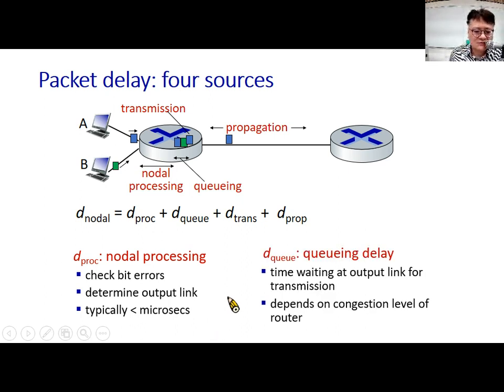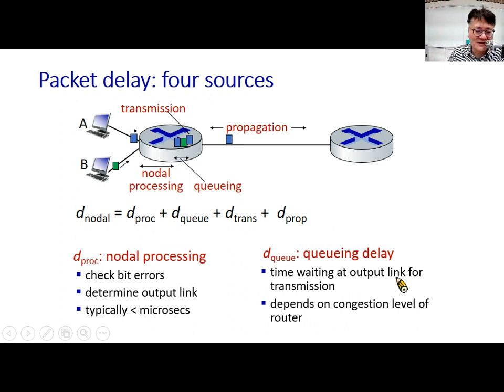If we consider the queuing delay, first is the time waiting at the output link for transmission. The queue is waiting based on the output, right? So how is the queue buffer?